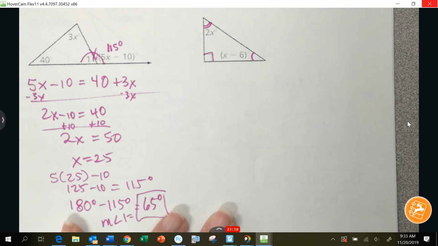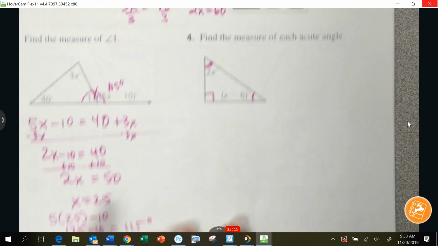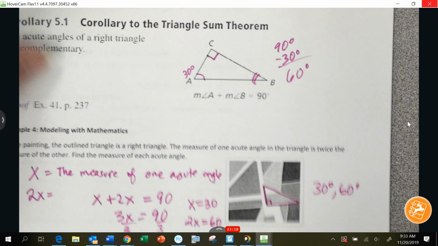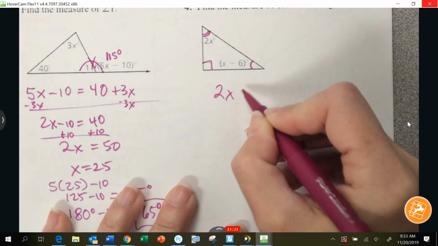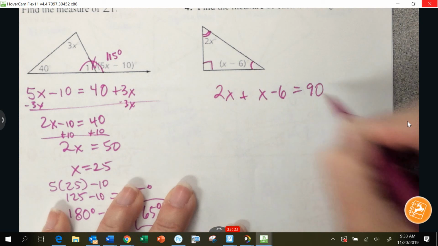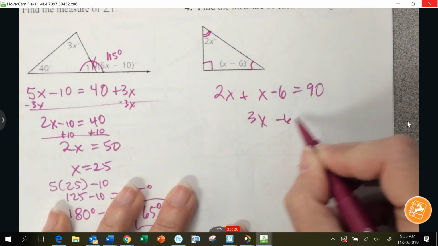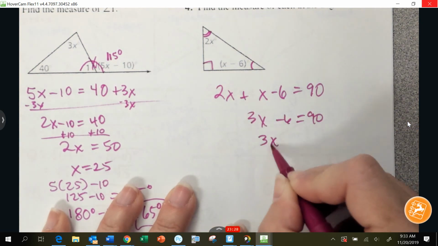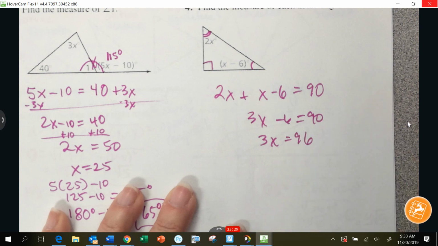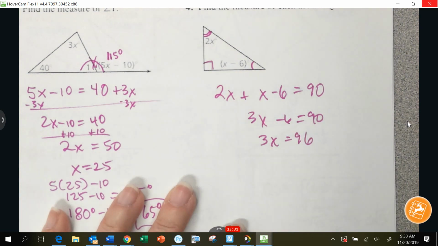There's a corollary to the triangle sum theorem right on the same page that might help you. So, both 2x plus x minus 6 equals 90.